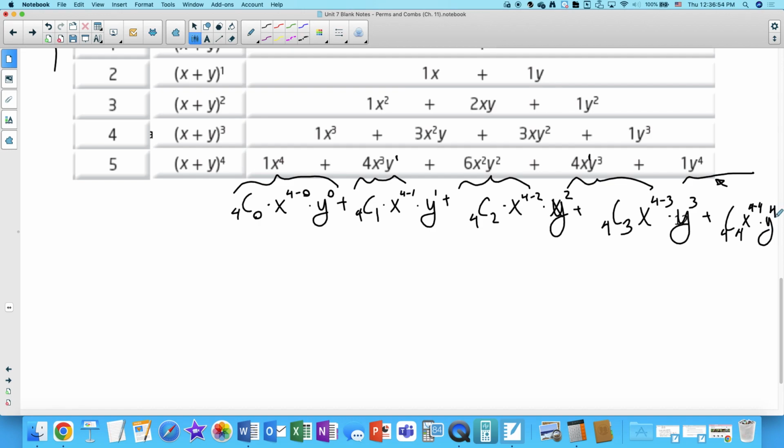Okay? And so if you think about all of these various exponents, 4 minus 0 plus 0 is equal to 4. 4 minus 1 plus 1 is equal to 4. By writing it out this way, we ensure that the sum of those exponents is always equal to whatever this guy is over here.